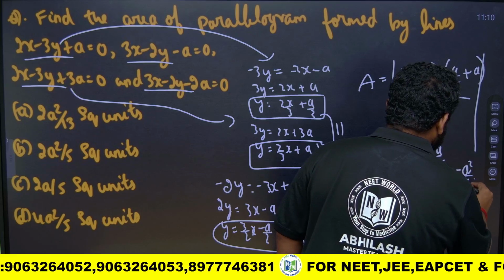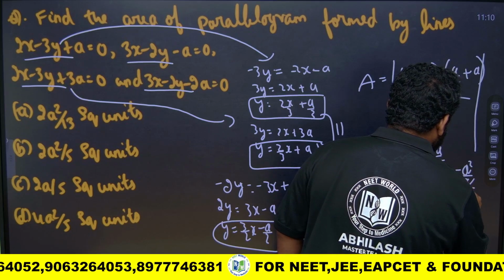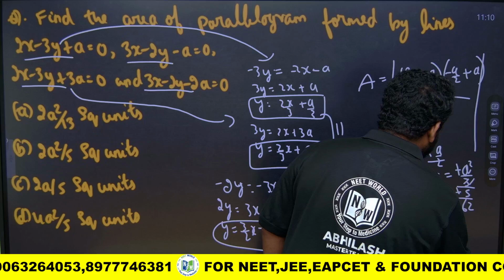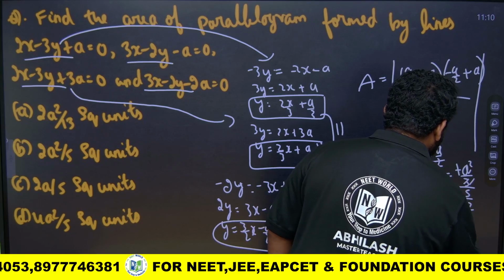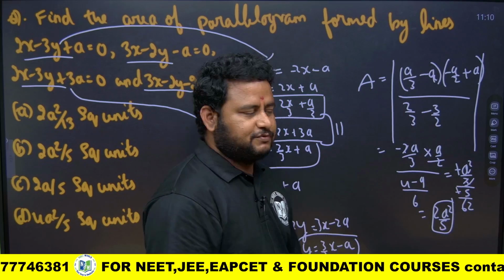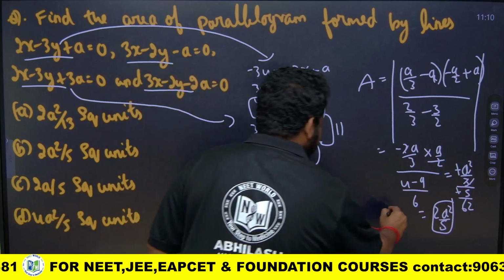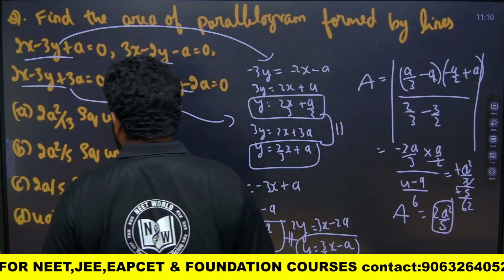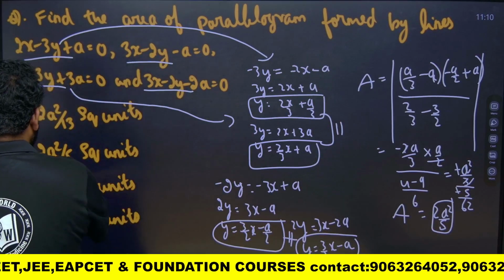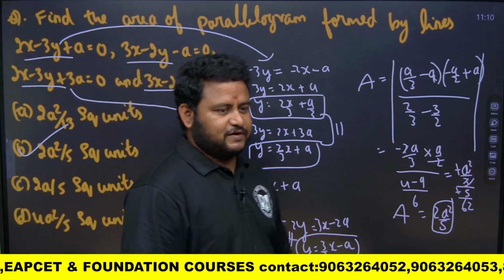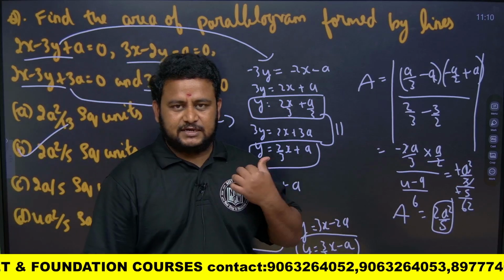Minus will become plus. So 2a square by 5 square units you will get. So that is the area of the parallelogram. 2a square by 5 square units is option B, friends.